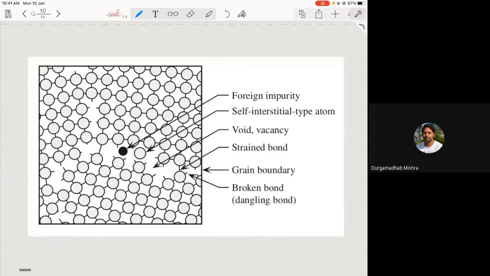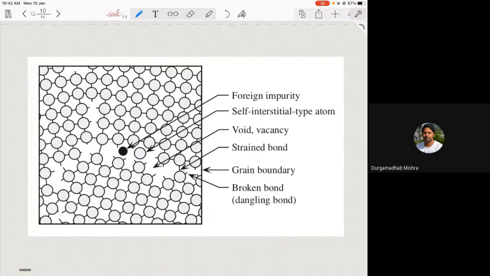Here are a few things we have pointed out. You can have impurities; many impurity atoms can go and sit in the grain boundary. You can have vacancies or defects, and you can have dangling bonds or broken bonds.